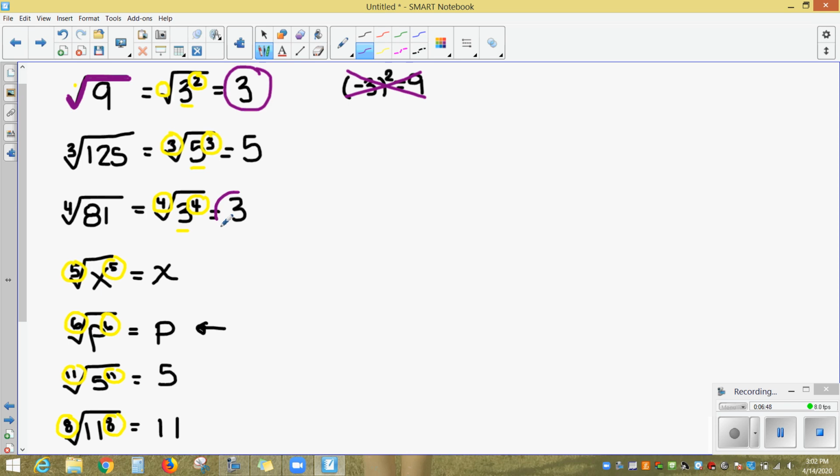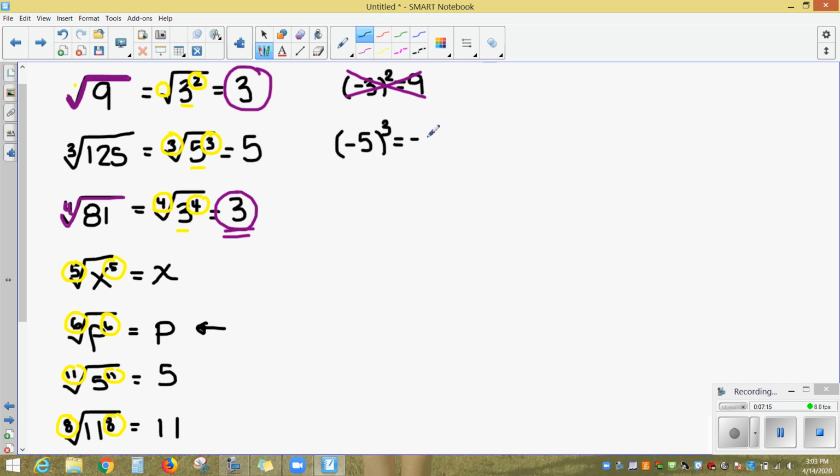Okay, same thing down here with this 3. If I take negative 3 to the 4th power, I also get 81. But this radical symbol here, 4th root of 81, when it's written on your paper, it means give the answer positive 3 and only the answer positive 3. Now notice on this middle one that I skipped over that there is no ambiguity here.